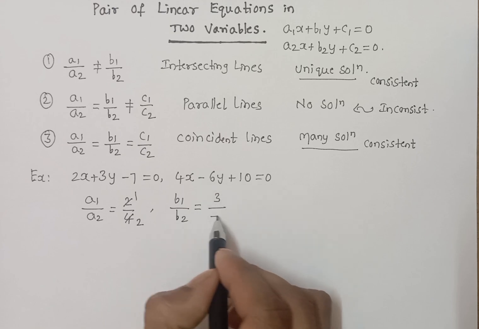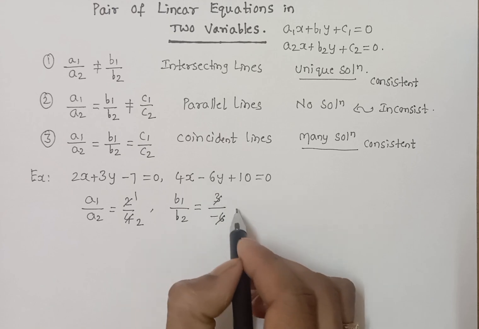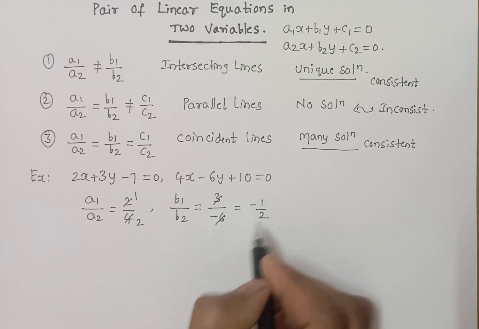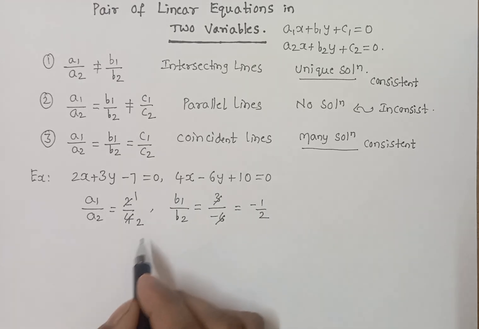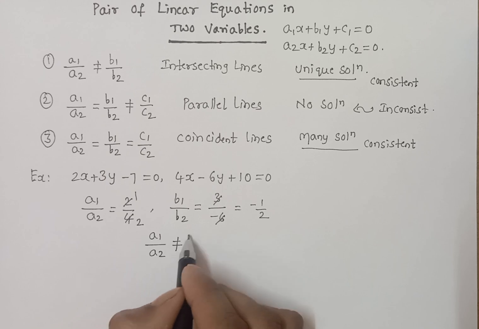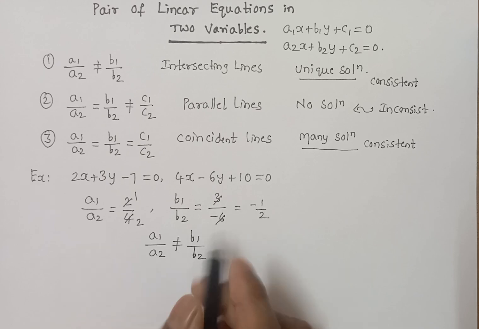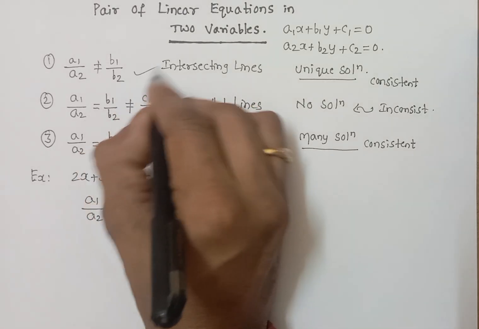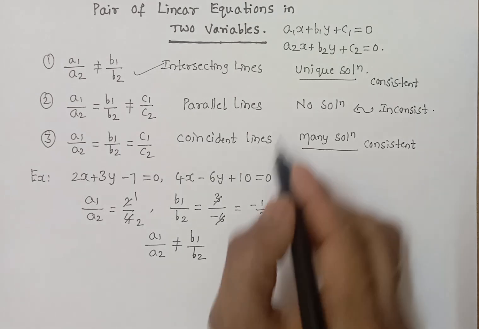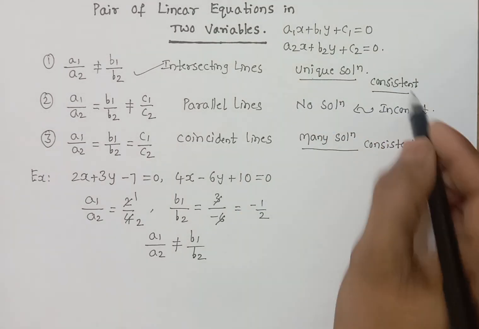Consider the symbol also: minus 6, that is minus 1 by 2. 1 by 2 and minus 1 by 2 are not equal. So a1 by a2 not equal to b1 by b2 satisfies the first condition, intersecting lines. It will have a unique solution, so it is consistent.